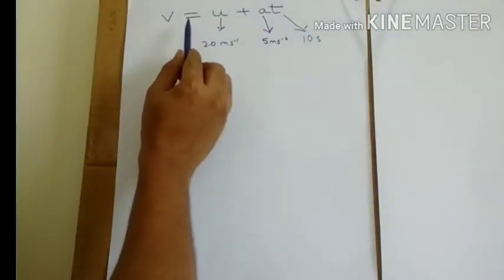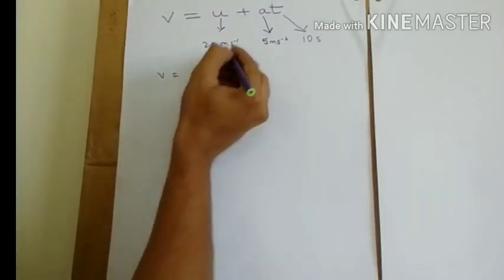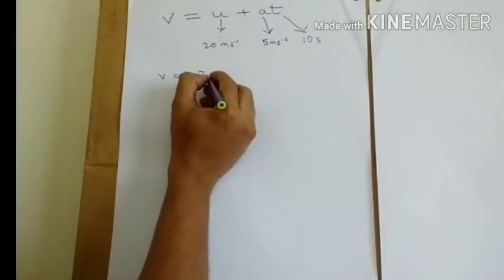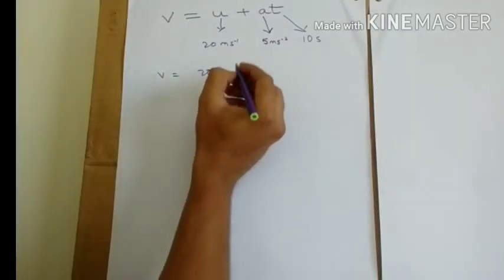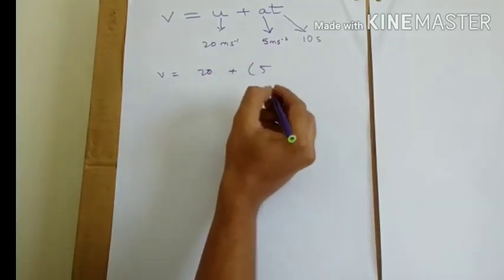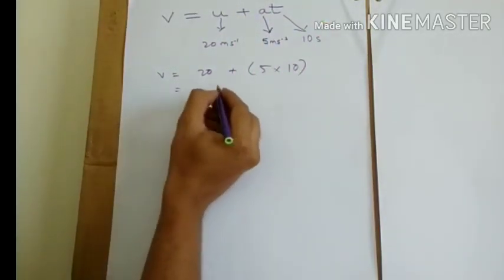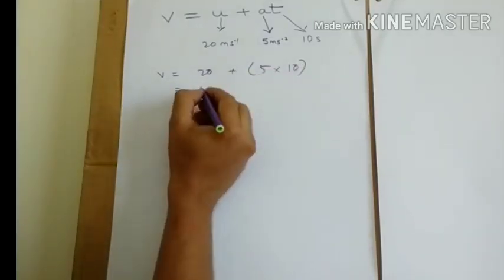We can find it by using this equation. How do we find out? V is equal to U plus AT. How much is U? U is 20 meter per second, plus how much is the acceleration? 5, multiplied by how much time? 10 seconds. So we get 20 plus 5 into 10. 5 into 10 will be 50.